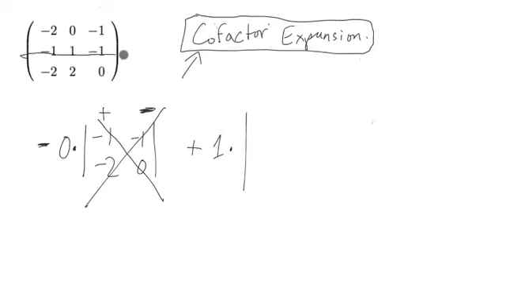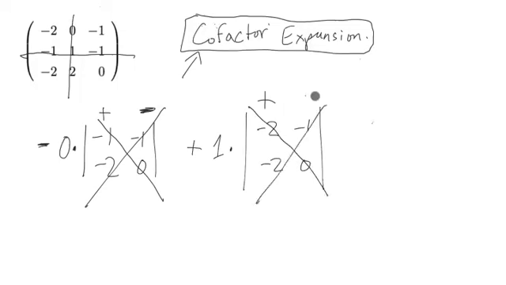Crossing this out and that out, this is the row and the column that this guy is in. I see what's left over: -2, -1, -2, and 0. And then I do the same idea, plus that diagonal, and then minus the product of that diagonal.